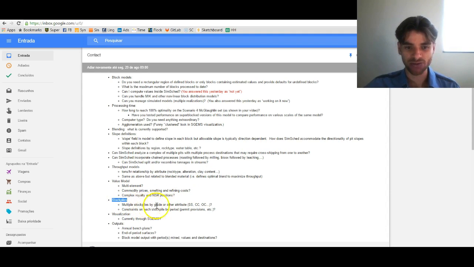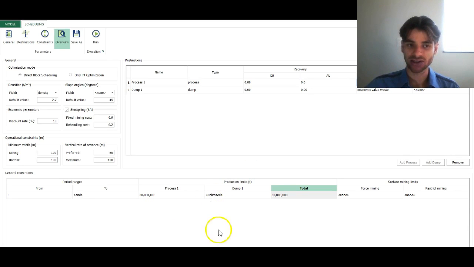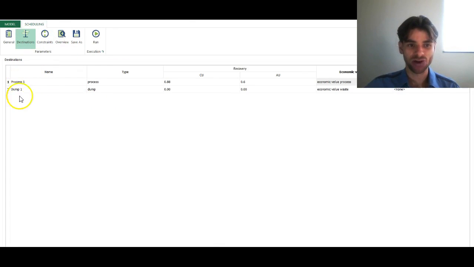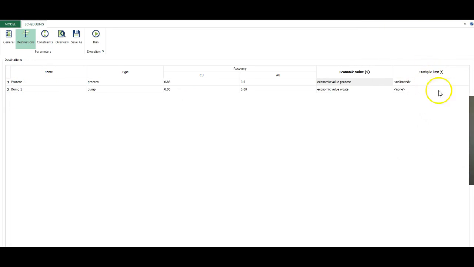Stockpiles, multiple stockpiles by grade. This is feasible currently if you deceive SimSched: for each processing route you put here, you have an option of a stockpile. You see here, you have a limit.